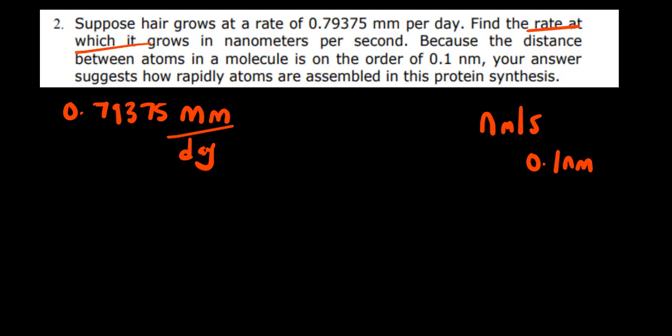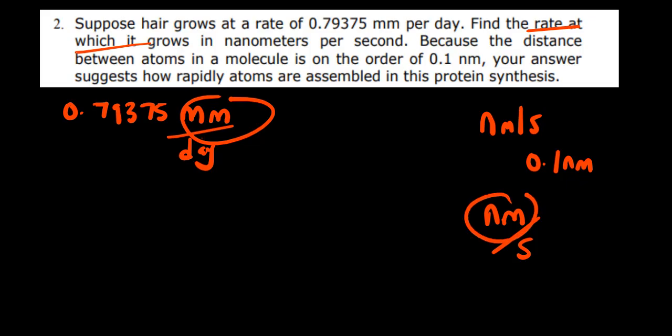Now we're trying to convert this to nanometers per second. So it means we're supposed to convert our millimeters on top to nanometers. Then we're supposed to convert our days to seconds. So let's just do that.